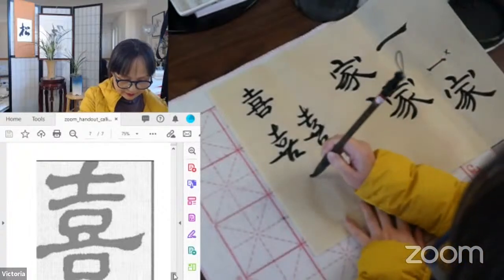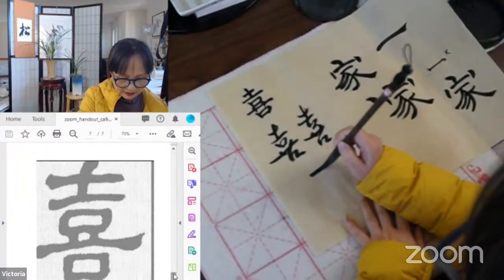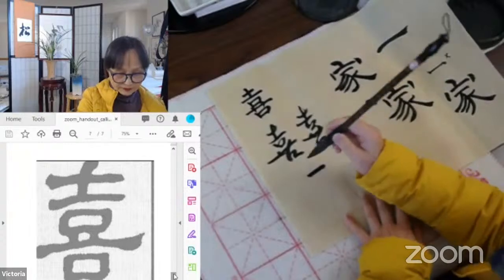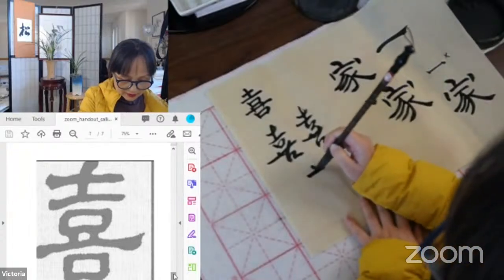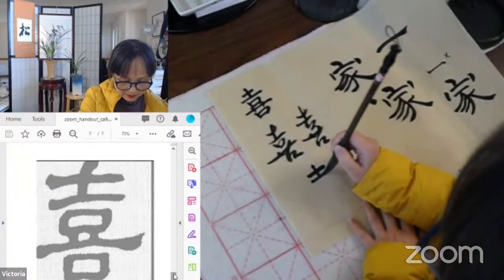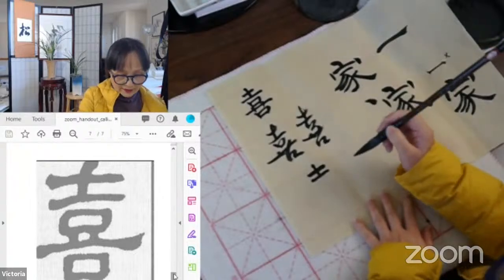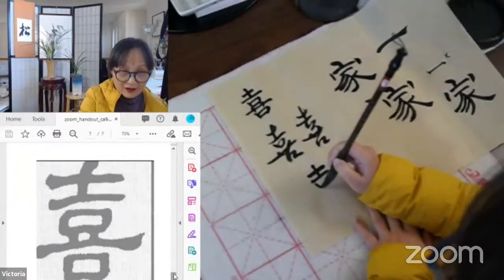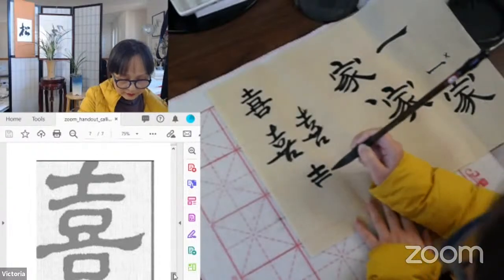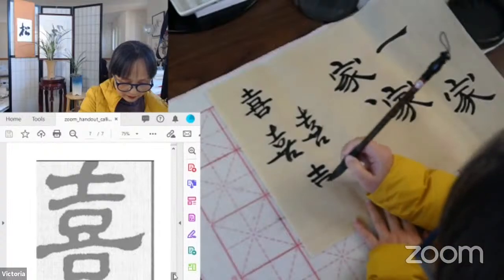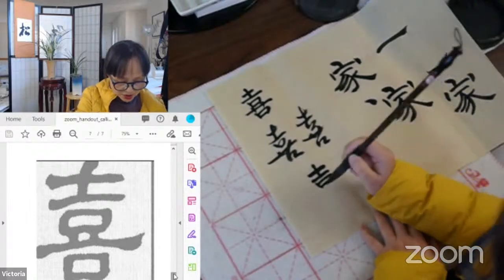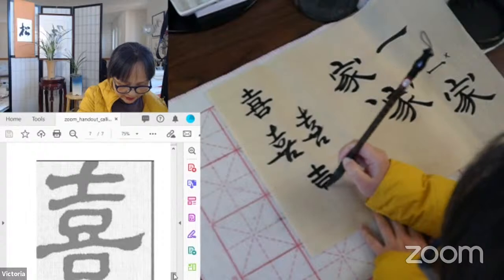Okay, so horizontal, vertical, horizontal, and then the flat mouth. And those two are very connected, you know.